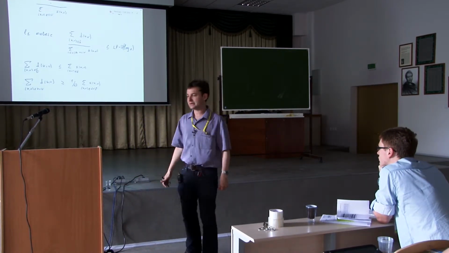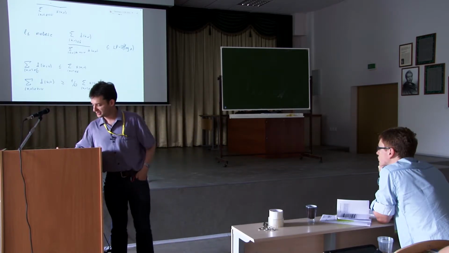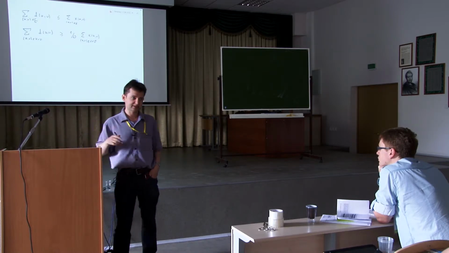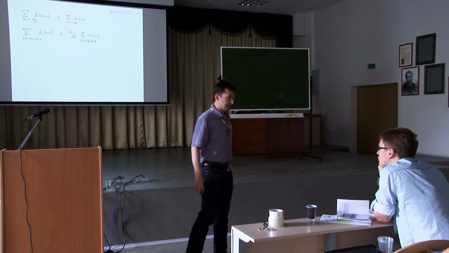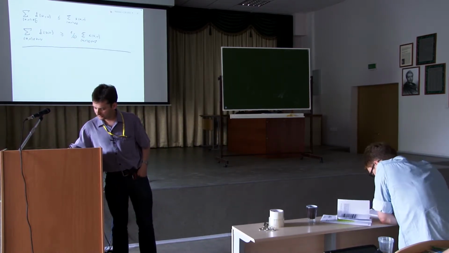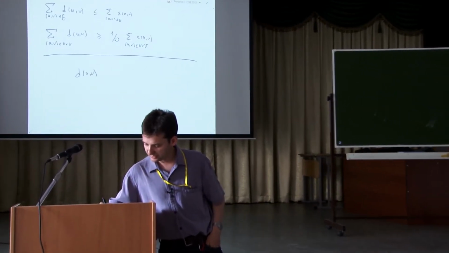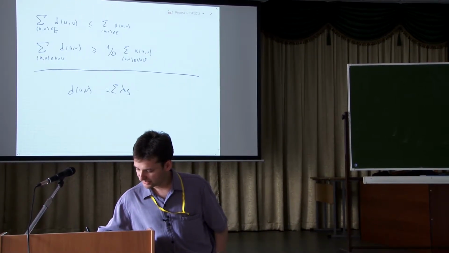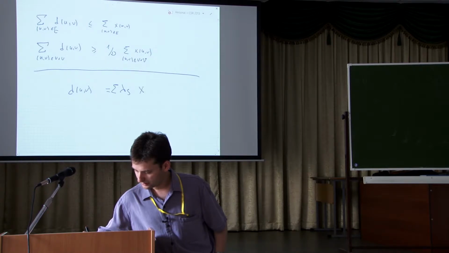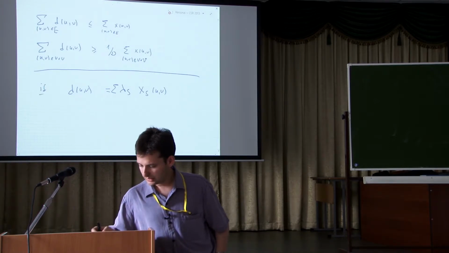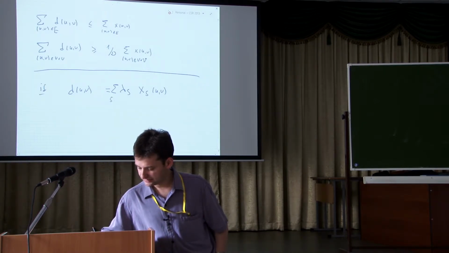In terms of L1 embedding, it's an interesting question how many lambda_S's are needed. Suppose we can express d_uv as a convex combination of sets S, cut metrics. How many of these sets do we need?